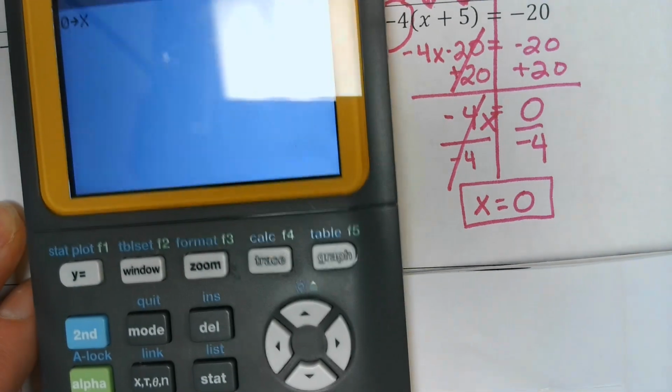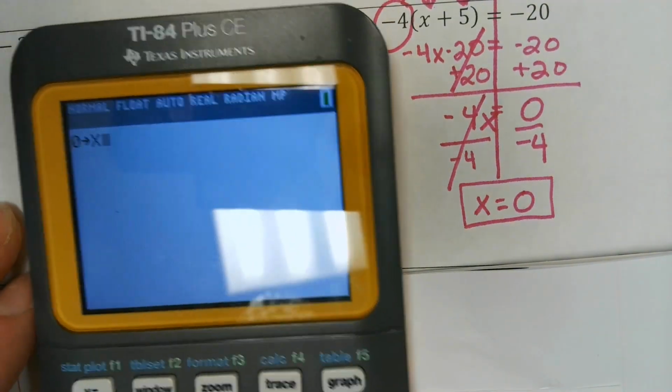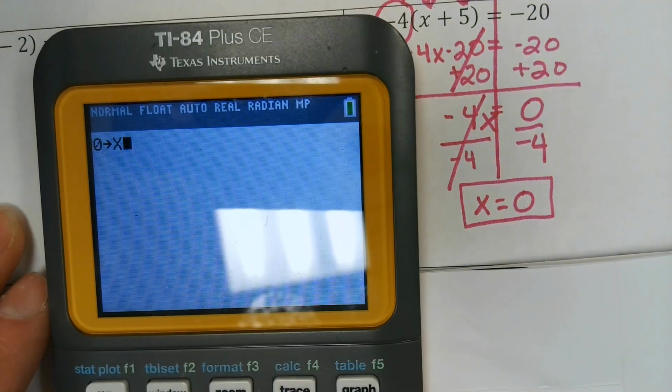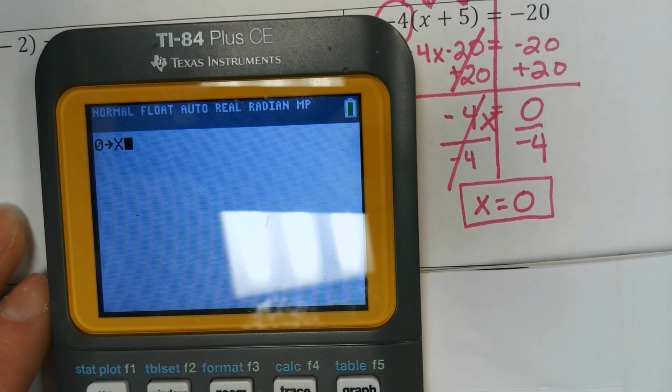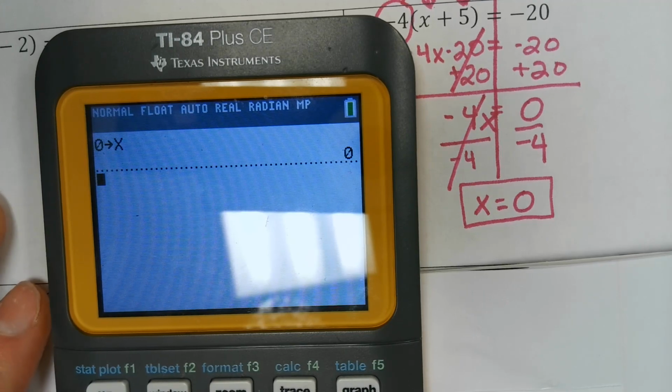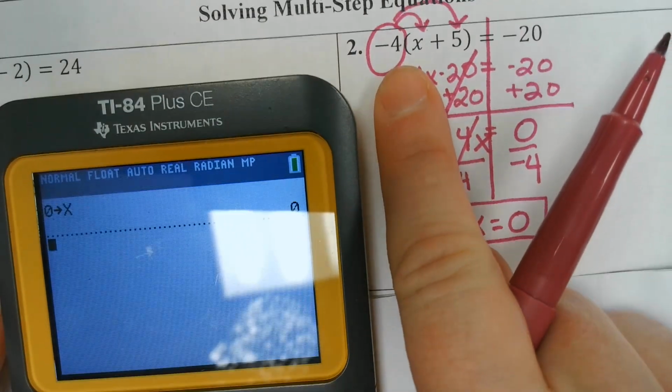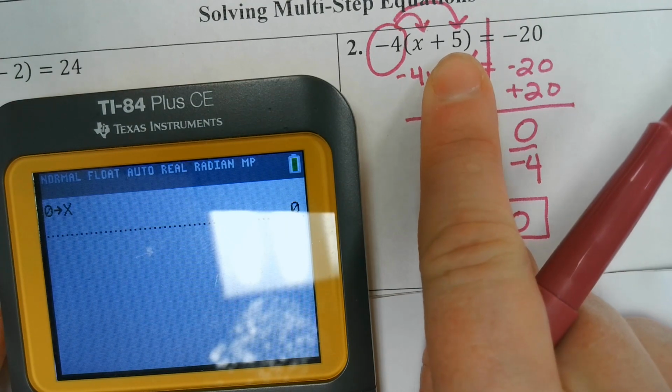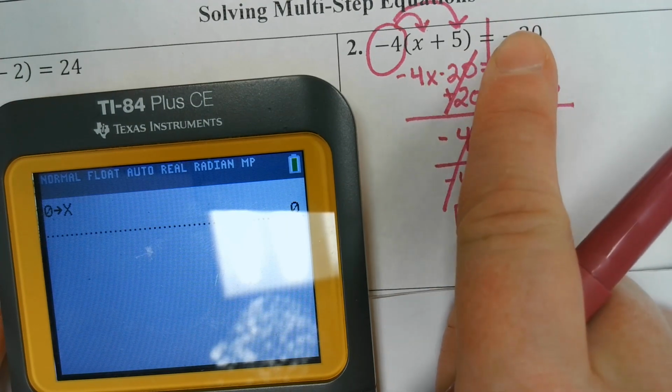So in your calculator, it'll look like this, 0, arrow, x. That means I'm programming my calculator. Every time it sees x, it's going to insert a 0. Now I'm going to check my original equation, the left side, and see if it equals -20.